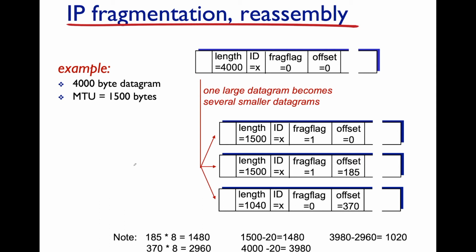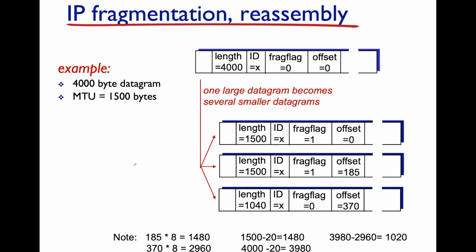And so the next 1,500 minus 20, because 20 of the bytes are header information, so that's a total of 1,480 bytes of data in the payload area carried by the fragment. And if we take that 1,480 and we divide it by 8, well, 8 bits to a byte, you get a total, if you were to express that offset in terms of bytes, of 185.